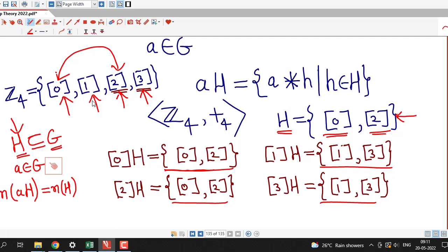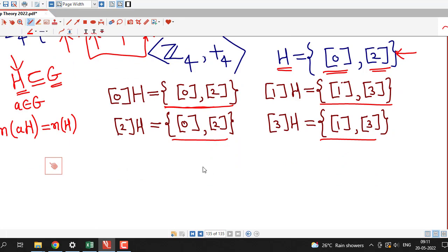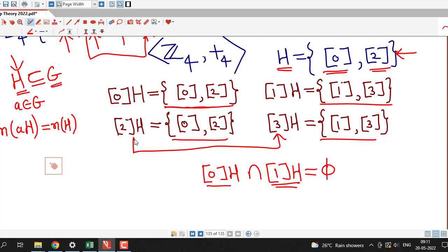Similarly, the cosets corresponding to equivalence classes 1 and 3 are equal, and if we take the intersection of the cosets corresponding to 0 and 1, there is no common element, that is, it is empty. That means these two cosets are disjoint. Similarly, these two cosets are disjoint.